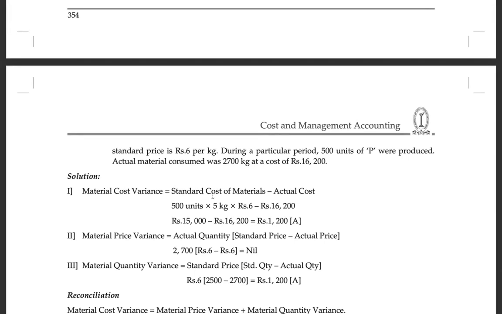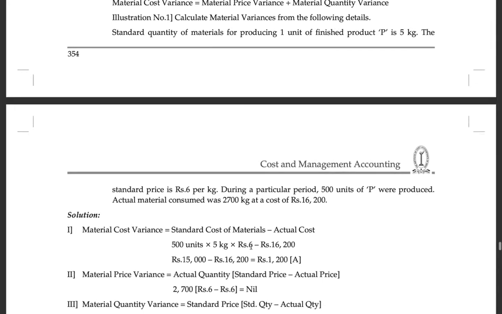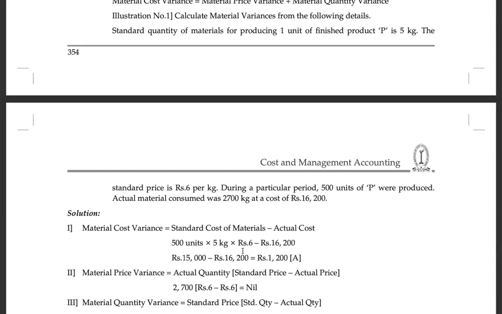Standard cost of materials: 500 units of output, each unit consuming 5 kilograms, and each kilogram costing 6 rupees.